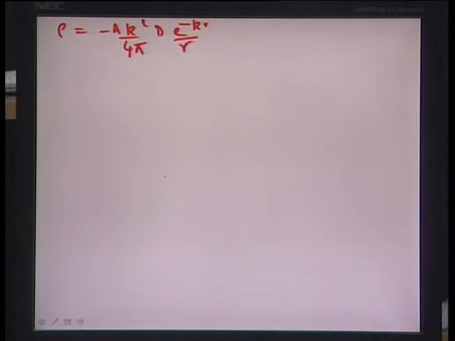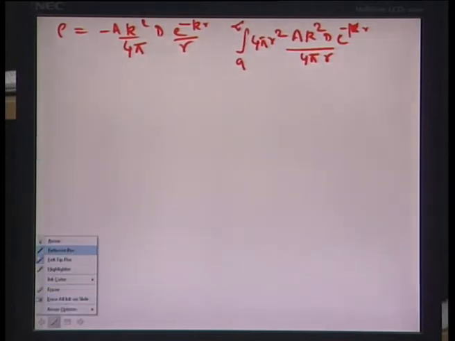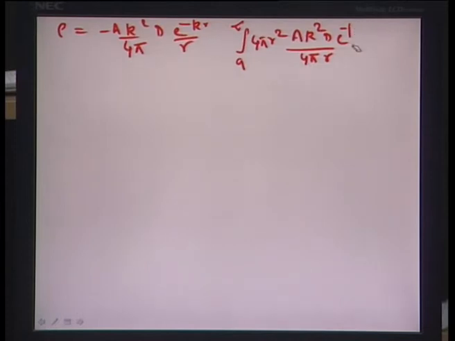Okay, that is what rho is, and we are calculating an integral from a to infinity of 4 pi r square times A small k square by 4 pi r d e to the power of minus k r.